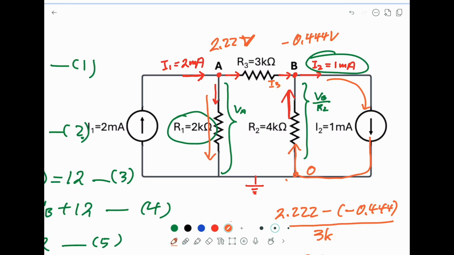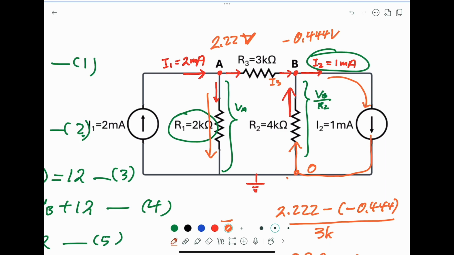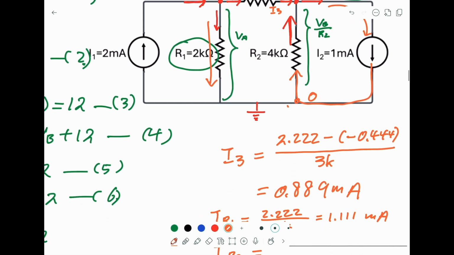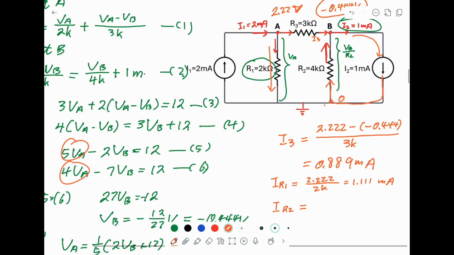But this is ground, so in order for current to pass through R2, the potential here should be negative. So just check the current passing through R2: 0 minus negative 0.444 divided by 4K.